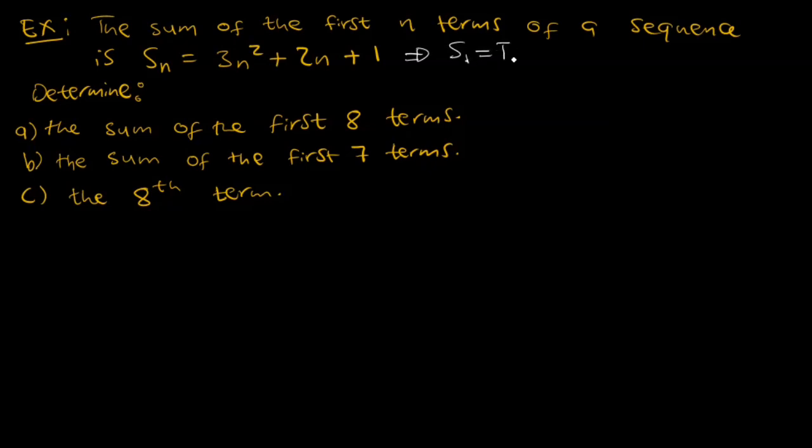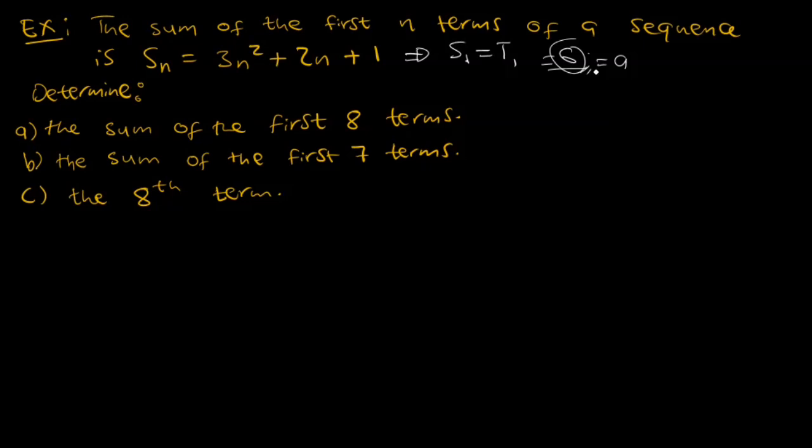S1 is T1, right? So if I replace n with 1 here, I'll get 3 times 1 squared plus 2 times 1 plus 1, which will be 3 plus 2, which is 5, plus 1, which will be 6. So this is my first term, which equals a.